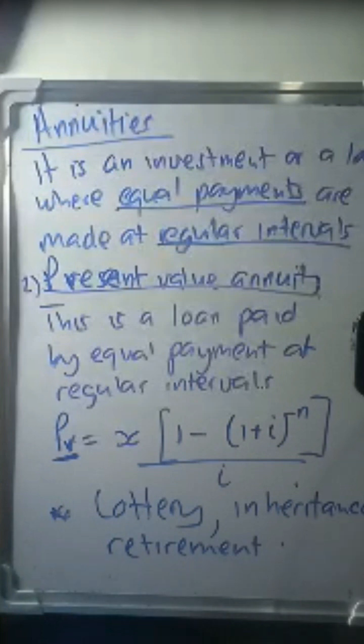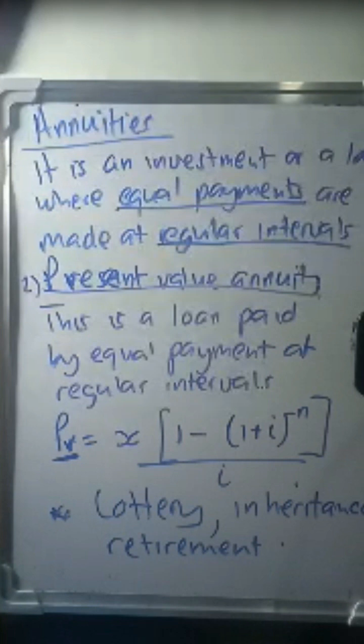The bank has taken a loan from you because you have a lump sum. That is the same as inheritance. If a rich uncle dies, in their will, they've written that you are supposed to inherit maybe 10 million. You cannot use all of it.